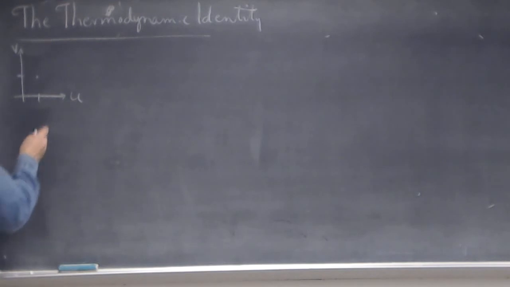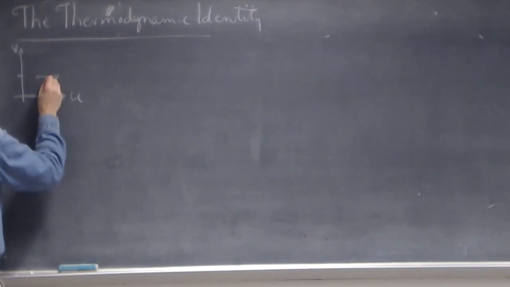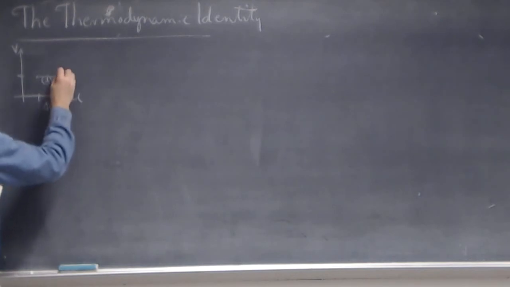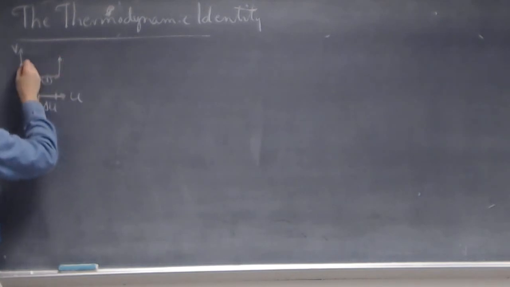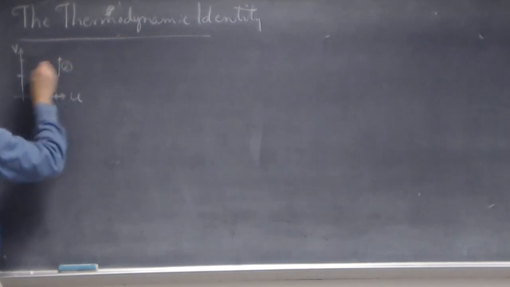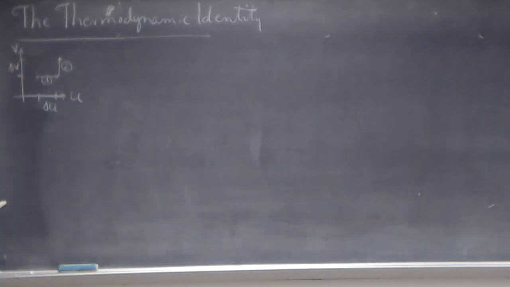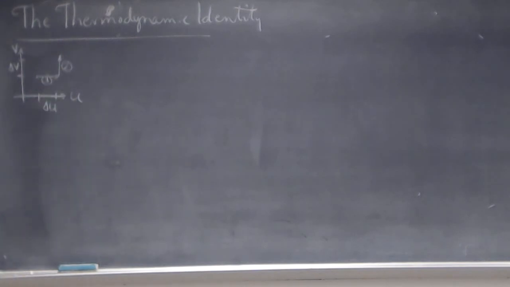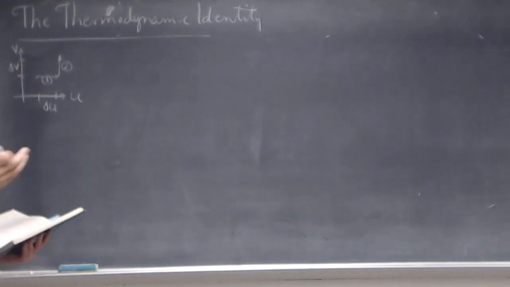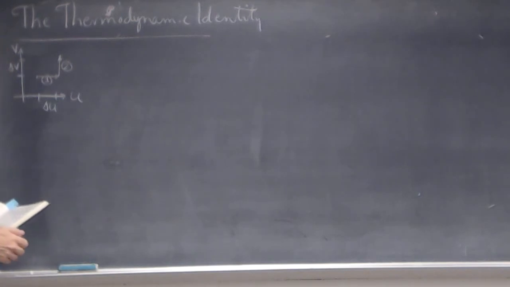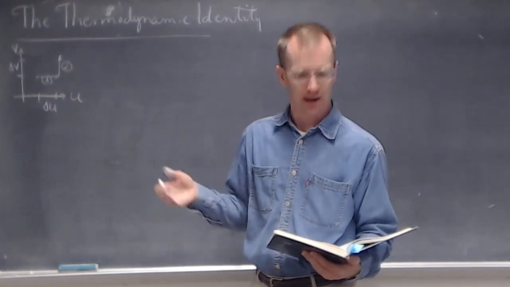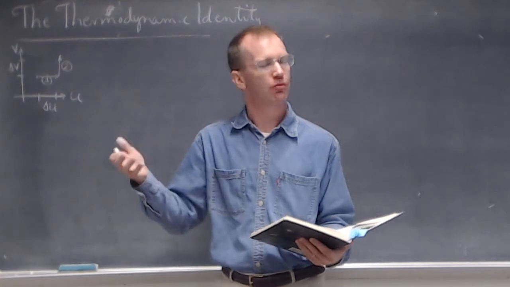First, we'll change the energy, step 1, by some amount delta U, and then we'll change the volume, step 2, by some amount delta V. This way we can do just one at a time and not worry about changing both simultaneously. Okay, now we know that entropies add, and also changes in entropies add.